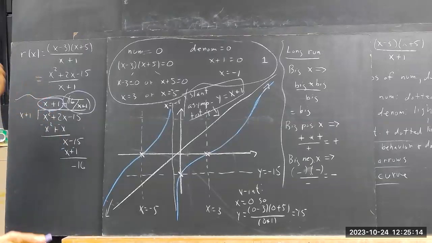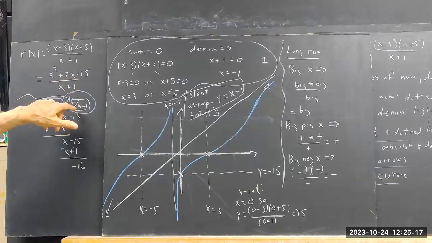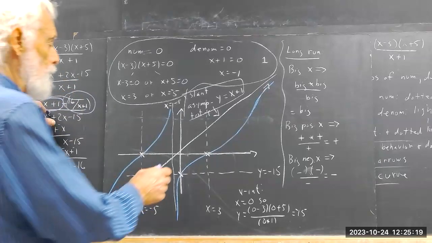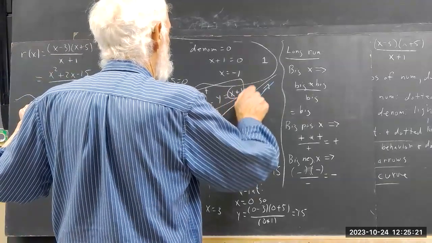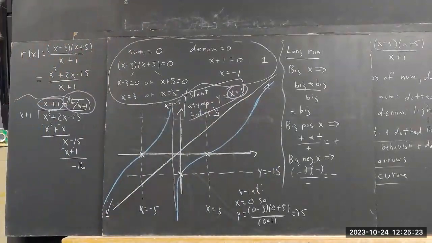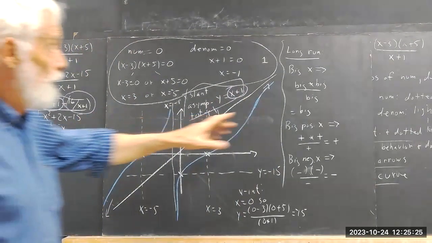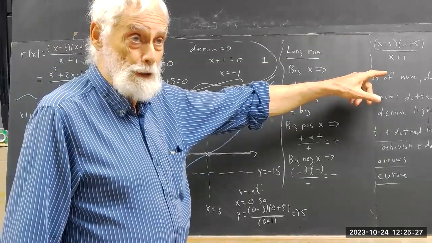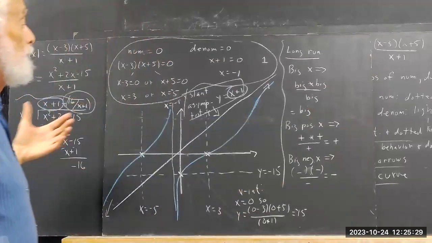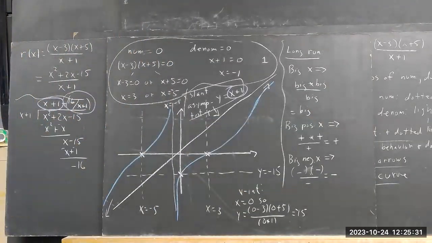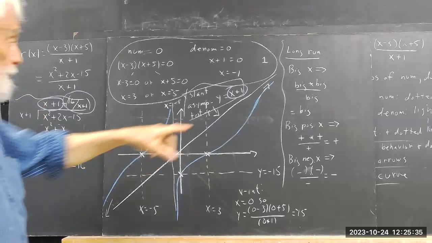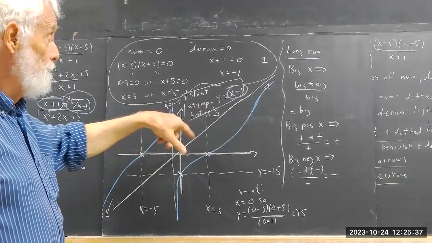That's just coincidence of the way the functions came up. But this x plus 1 here corresponds to this x plus 1. Okay, it has nothing to do with the denominator being x plus 1. It's just a coincidence, and I'd have avoided that if I'd been smart, but I didn't.